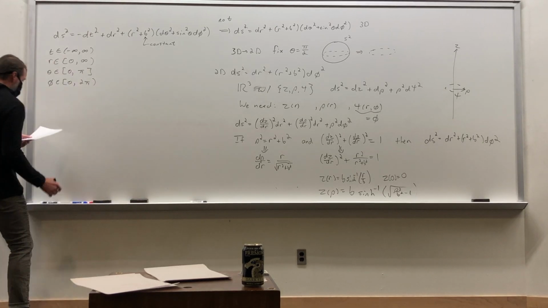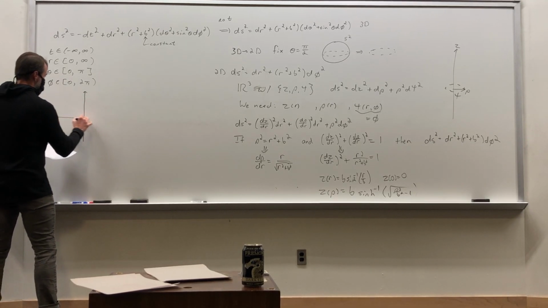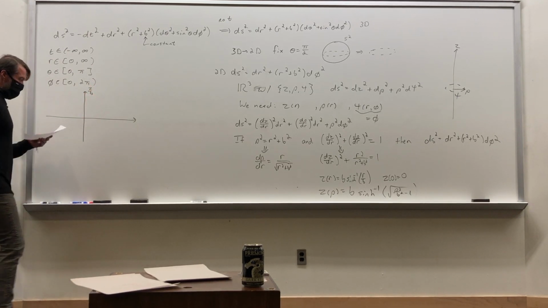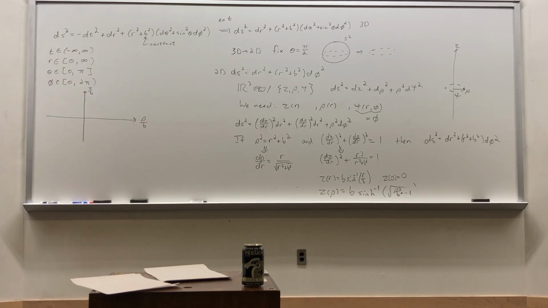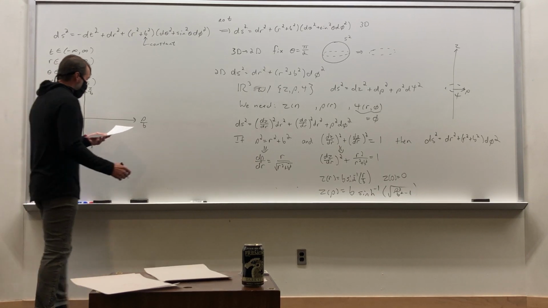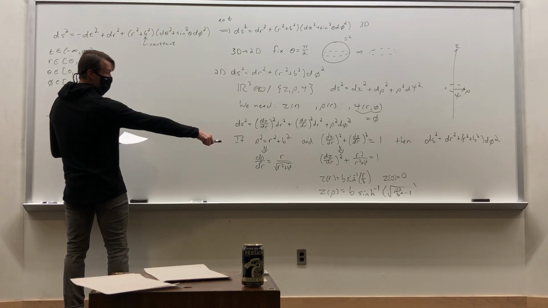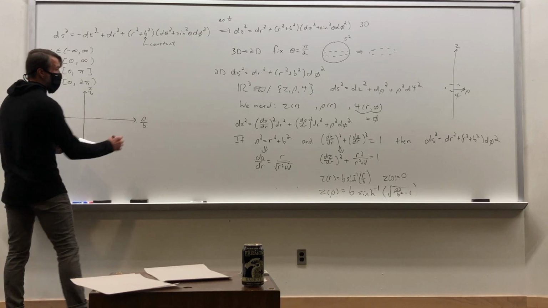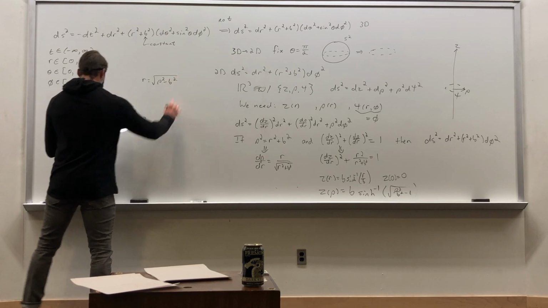And what it ends up looking like is as follows. We have a vertical axis, which we can call the z over b axis, and a horizontal axis, which we can call the rho over b axis. And then, what we know is that z of rho is b times the inverse hyperbolic sine of the square root of rho squared over b squared minus 1, and r is the square root of rho squared minus b squared.